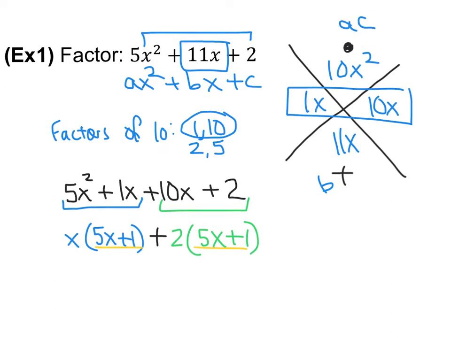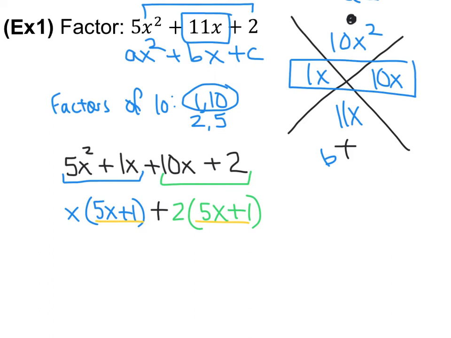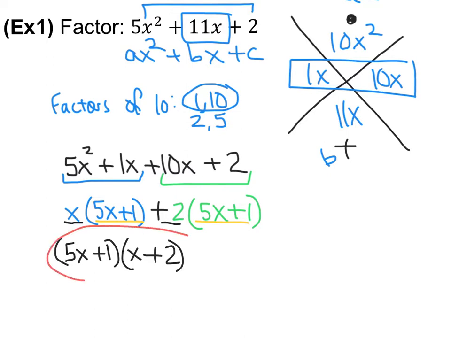So we have a binomial, and in this binomial, we are going to factor out the greatest common factor, and that is the quantity 5x plus 1. So in the first term, we're left with an x, and in the second term, we're left with a 2. That is our answer. I'll circle it in red pen.